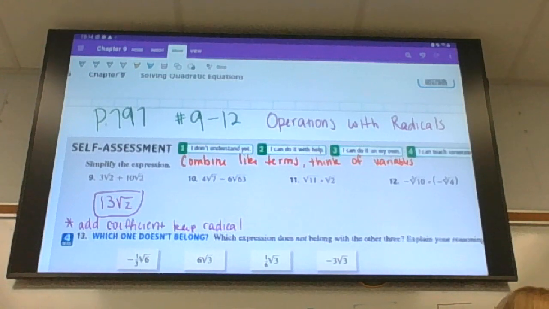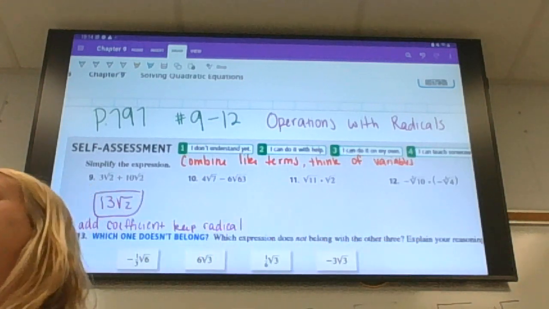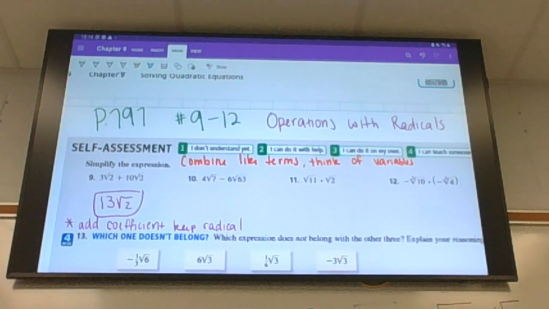Does 63 divide by 49? 36? 25? 16? 63 divides by 9. So before we can even do the operation, we have to use this skill we just practiced in the warm-up.